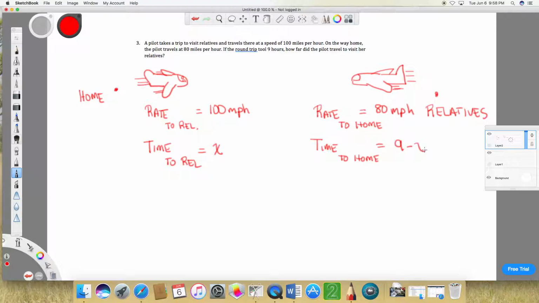So if it took x hours to get there, then the remaining time, 9 minus x, is what it takes to get home. And this is in hours. All right. So the distance from home to see the relatives is the same as the distance going from the relatives to home. So that's what we recognize that's equal here.